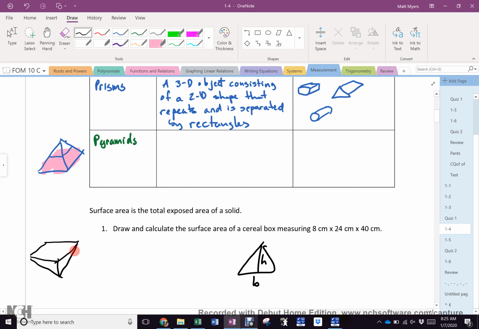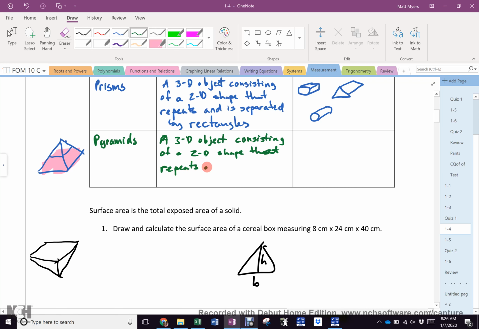So, a pyramid, still a 3D object, consisting of what? Consisting of a 2D shape that does what? That repeats, but it doesn't just repeat.